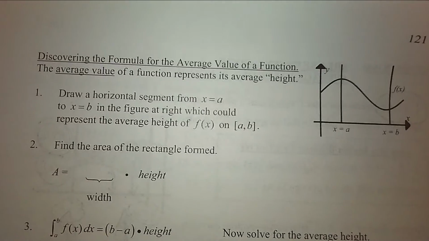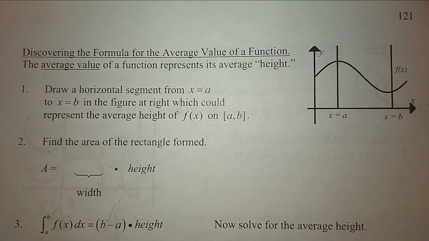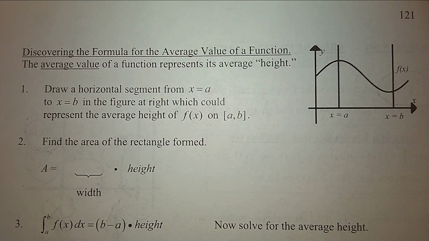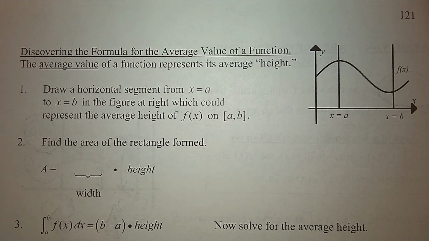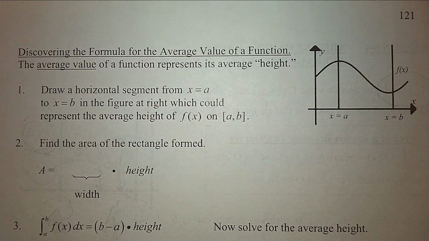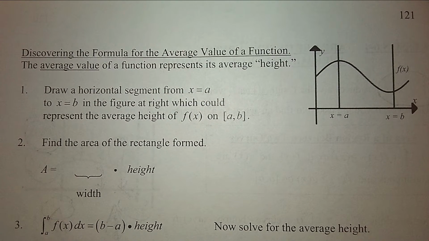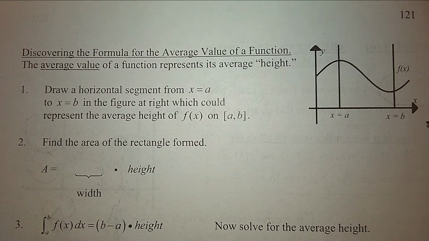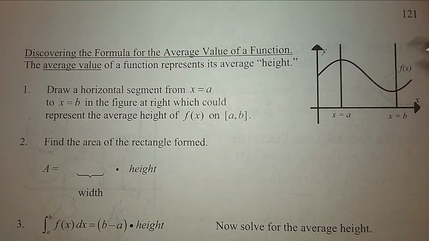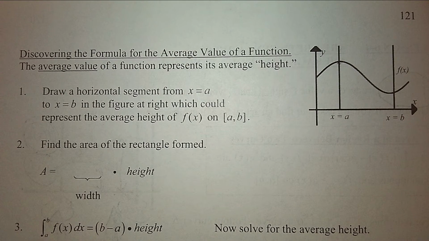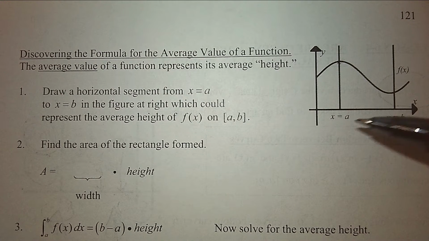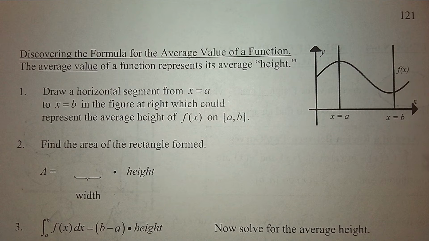It says discovering the formula for the average value of a function. The average value of a function represents the average height. Another way of thinking of it is, what's the average y value as you go from one bound to the other? So if you look at the y value all the way through, what's the average y value from A to B, or the average height?